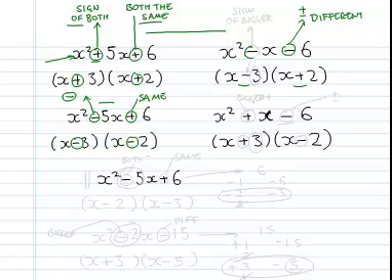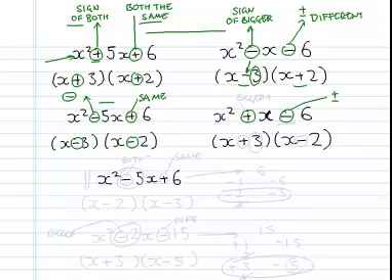But the second sign this time tells us not the sign of both of them because they're different, but the sign of the bigger number. And if you notice, the sign is a minus here, so that goes in front of the 3, which is the bigger number. Looking at the other example below, you've got a minus here, which means, yes, again, you've got a plus and a minus below in the factorization.